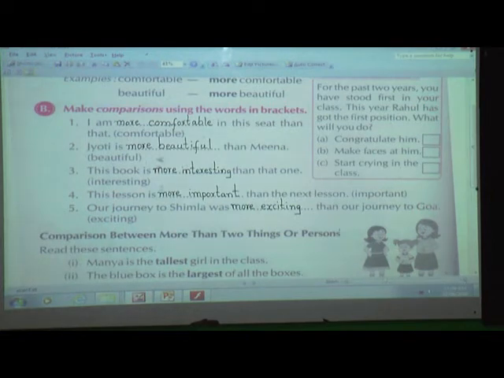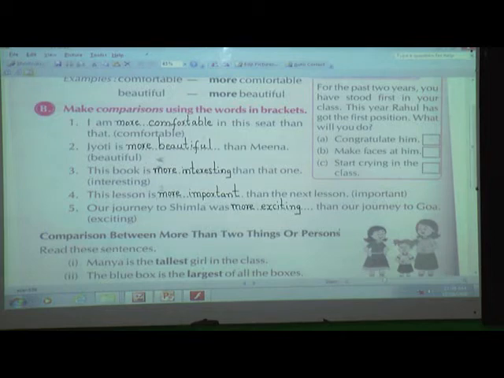Understood, students, what we have done in exercise A and B? Yes, we have compared two things, persons or animals, and in that we have added only the ER form of the adjective, and when the words are big, that time we have added M-O-R-E. Understood? Now we will move on to exercise C. In exercise C, what is there, students?